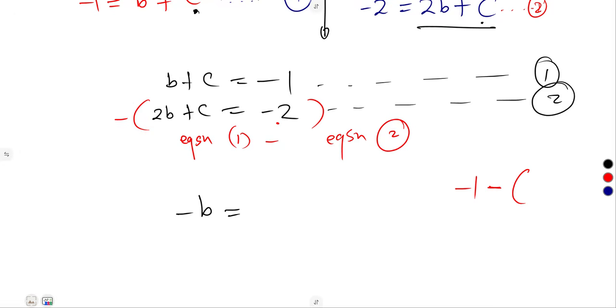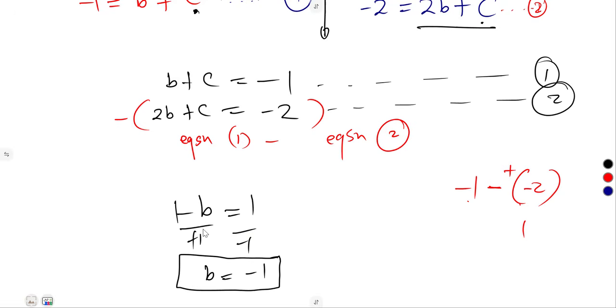We are subtracting -2. So be very careful there, a sign and a sign. A negative to a negative is going to be positive. So that's -1 plus 2, which is a +1. So divide by -1. We are solving for b. Remember, not minus b. We must find the positive value of b. So b is -1.